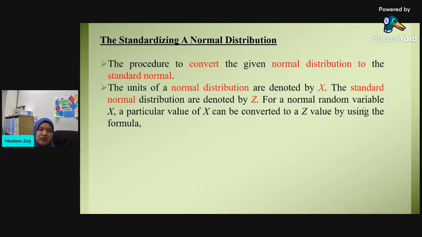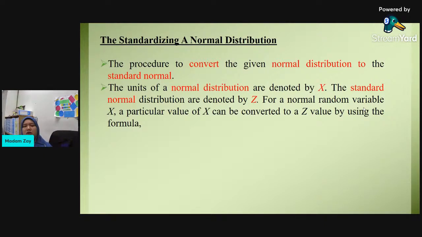Okay. So, before we continue with example 2, kita masuk dulu standardizing the normal distribution. Okay, sekarang ni kita tadi dah belajar macam mana nak baca probability untuk standard normal, sekarang ni kalau normal distribution, macam mana nak buat pula? Okay, so the procedure to convert the given normal distribution to the standard normal. Itu nama dia, standardizing a normal distribution tu.